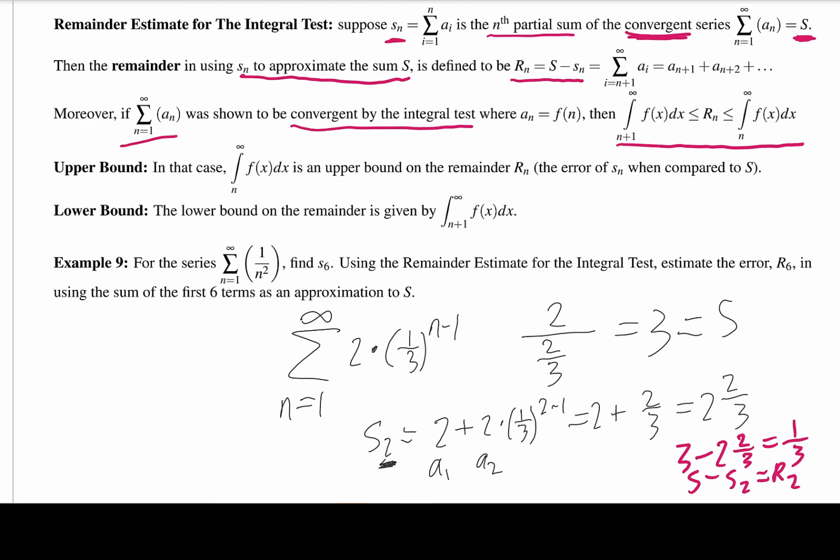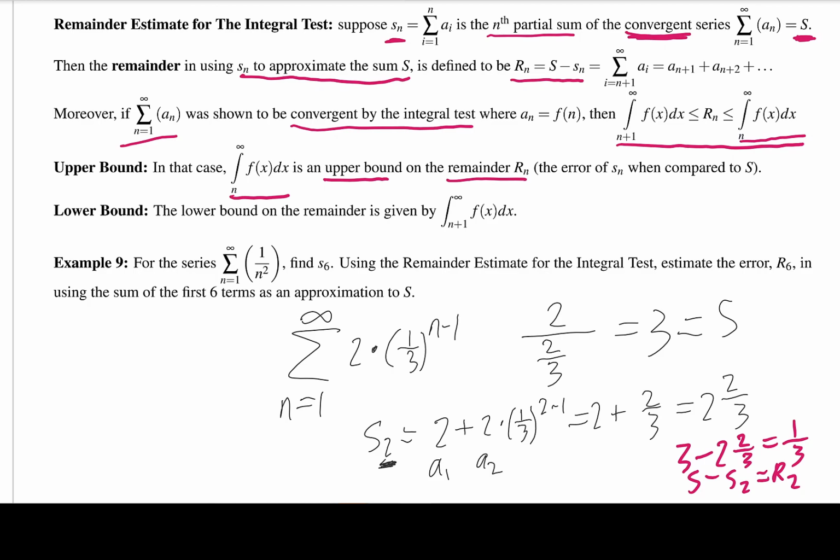For example, if I calculate the integral from n to infinity of f of x dx, then I know my remainder has to be smaller than whatever that is. We call that the upper bound. So the integral from n to infinity is the upper bound on the remainder R sub n. It basically tells us whatever our remainder is, it has to be smaller than this.